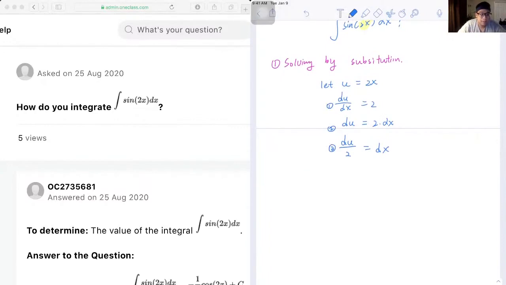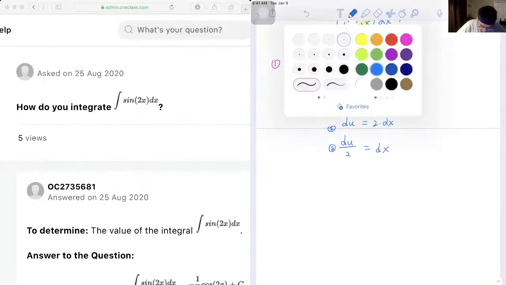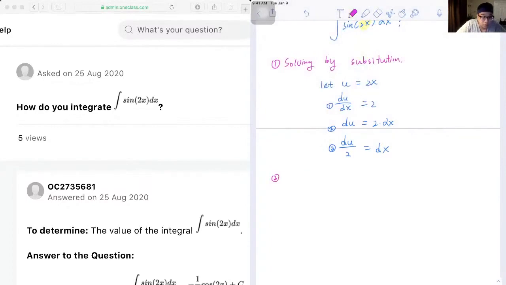And our next step, we will replace the values of sine 2x and dx in the given integral.